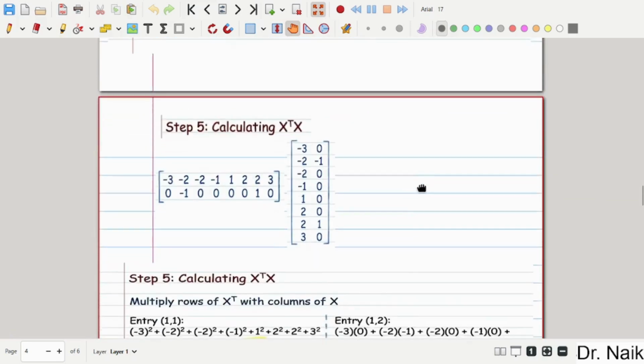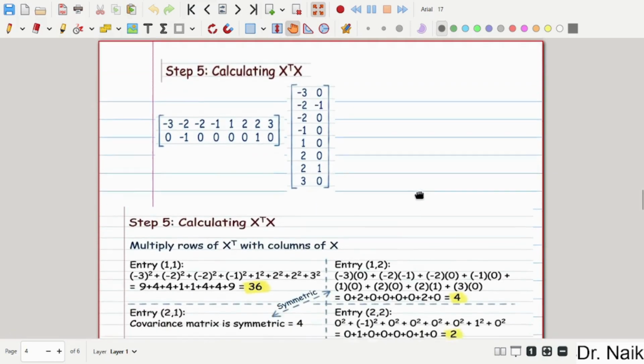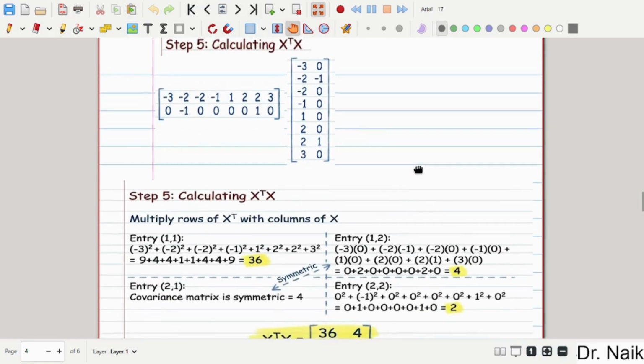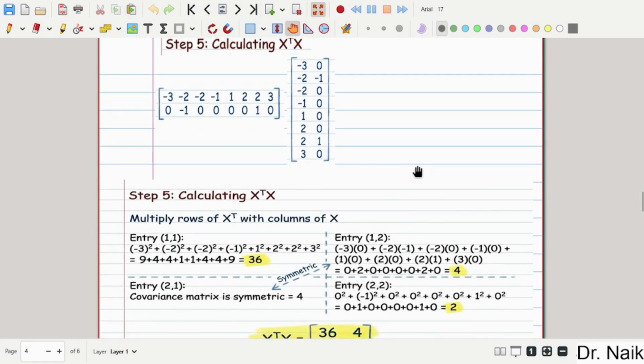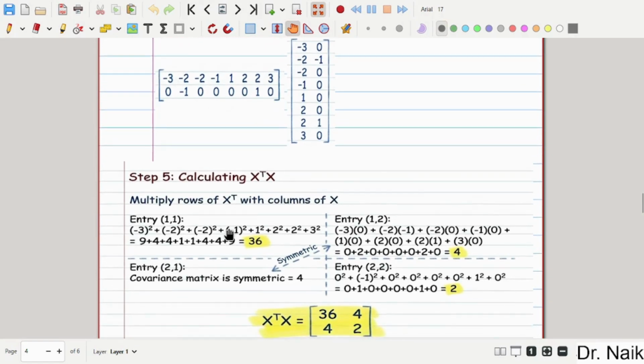Now calculate X transpose X. X transpose X is calculated by multiplying rows of X transpose with columns of X. So our first entry of the X transpose X matrix, that is first row, first column, is entry 1 1 of X transpose X.